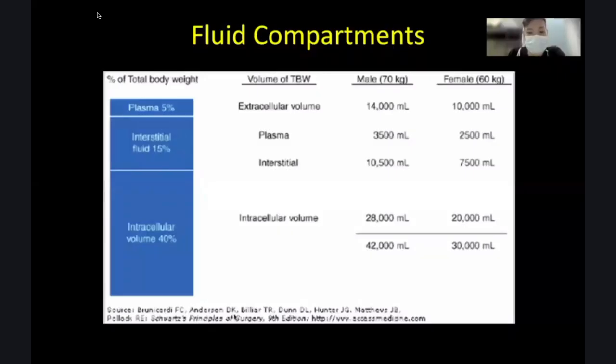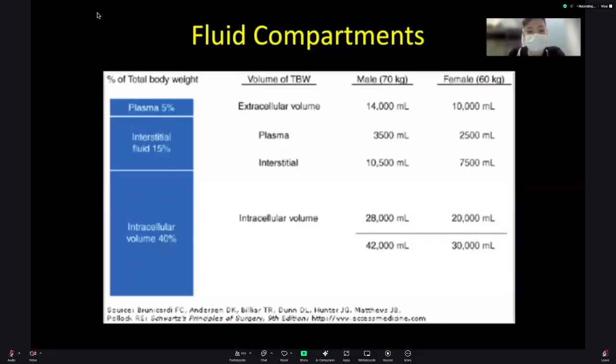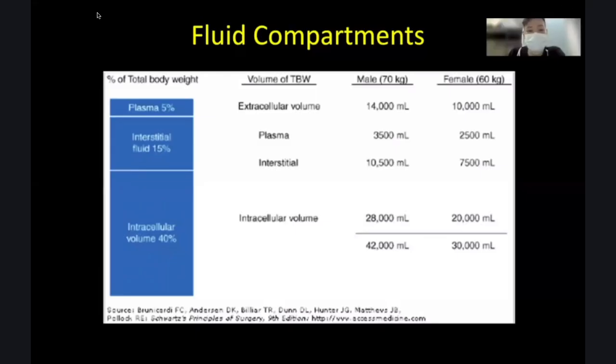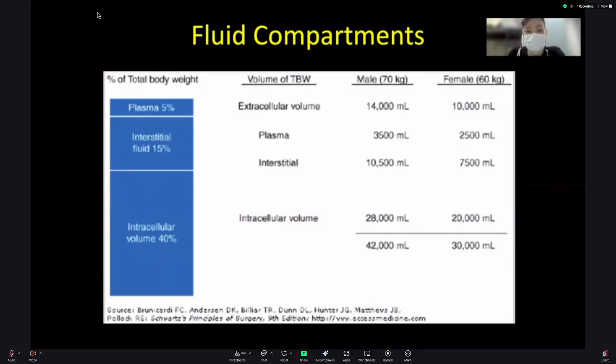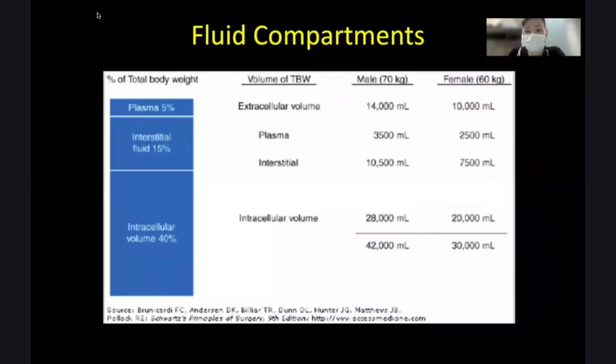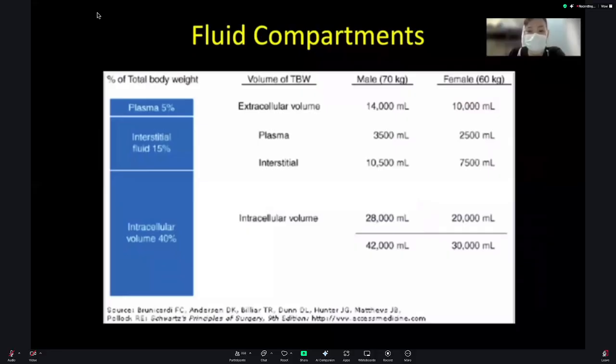This is a table or a diagram lifted from your Schwartz. It shows the percentage of total body weight and the corresponding volume in terms of your total body water in a 70 kilogram male and a 60 kilogram female.